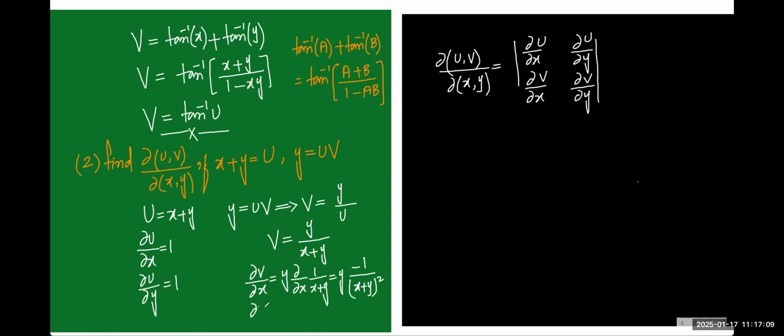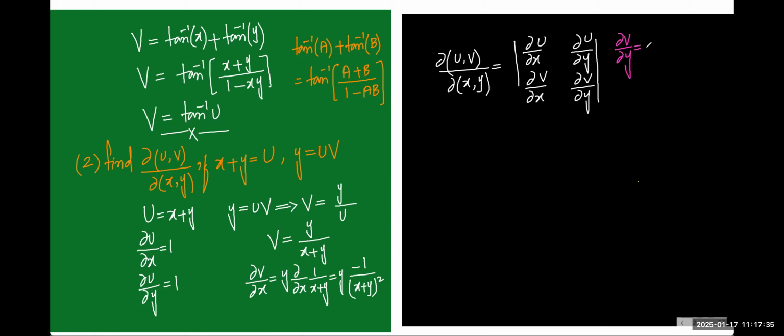Same thing, the value of v partially with respect to y. I'm not getting sufficient space here, so I will do it here. The value of v with respect to y: you can see numerator and denominator will have the same y term.